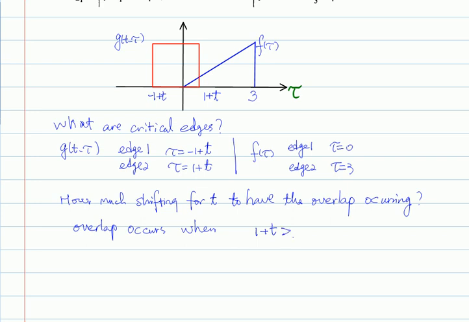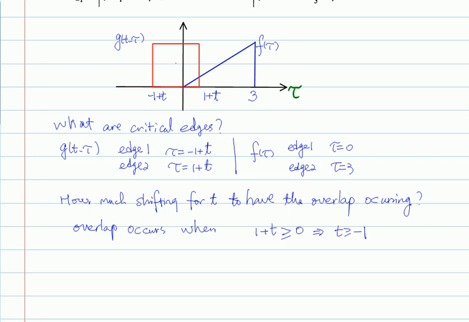In other words, you want this edge to be greater than 0, so you get t greater than -1. As long as you have a value of t greater than -1 and you shift that much, you will have overlap between these two functions. So that's the starting point. If t is less than -1, there is no overlap, which means the convolution between the two functions is 0.